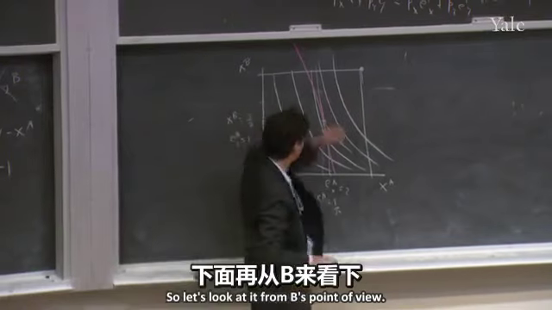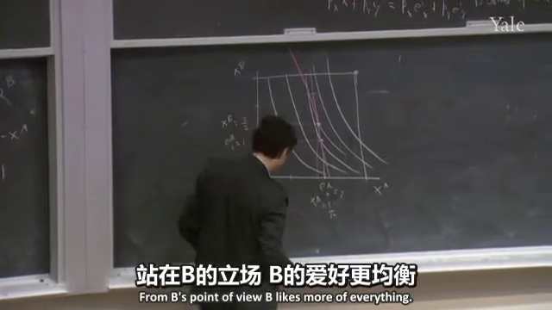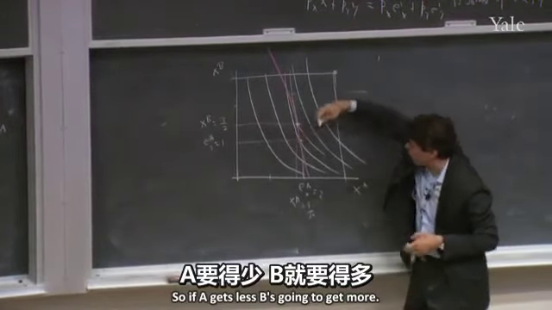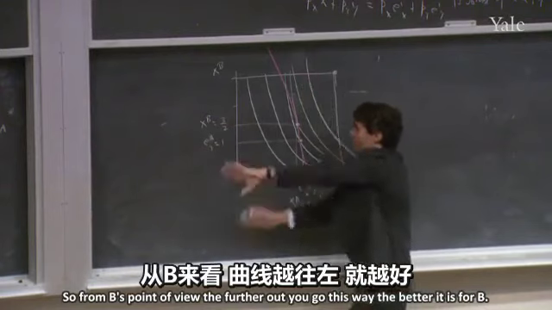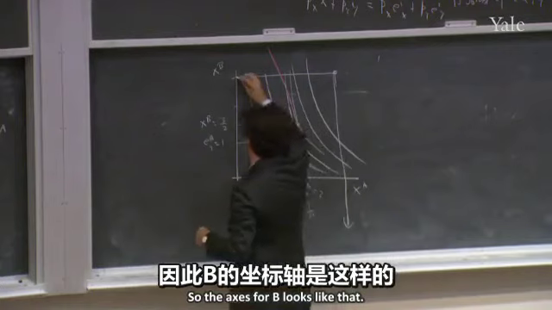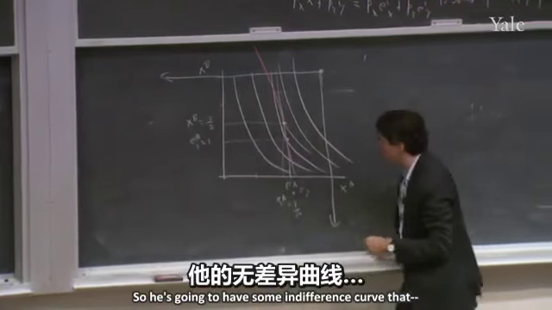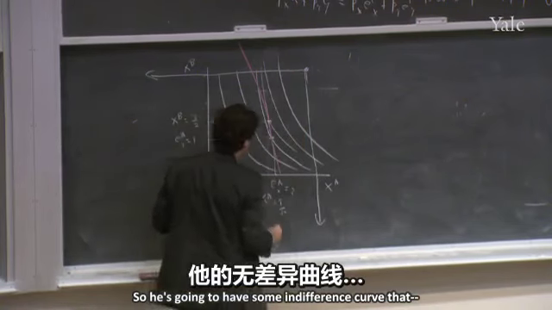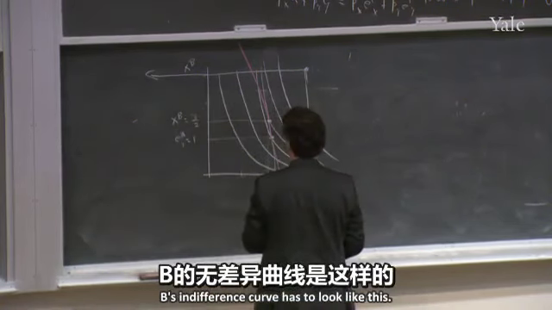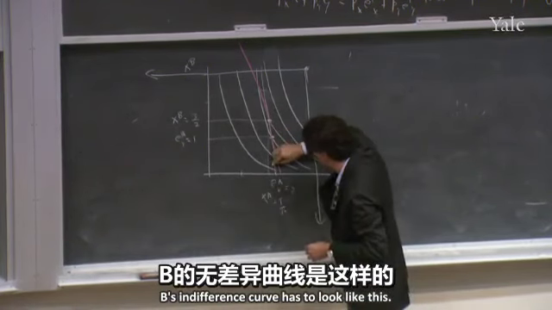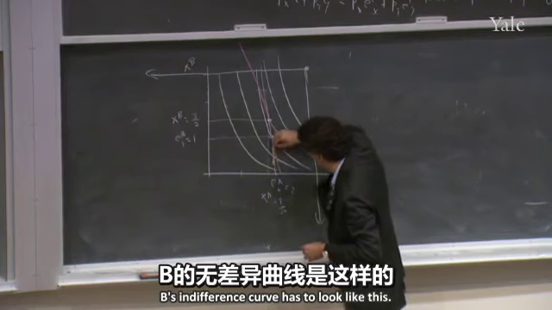So let's look at it from B's point of view. From B's point of view, B likes more of everything. So if A gets less, B's going to get more. So from B's point of view, the further out you go this way, the better it is for B. So the axis for B looks like that. B's indifference curve has to look like this.